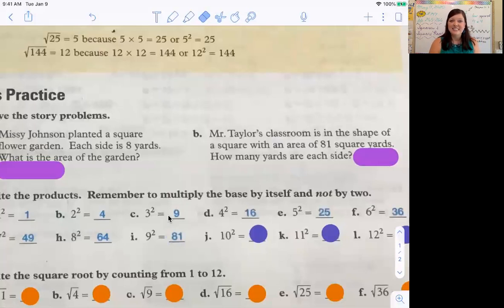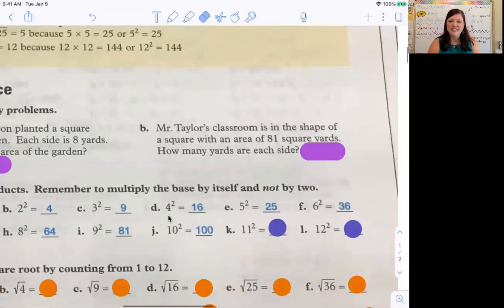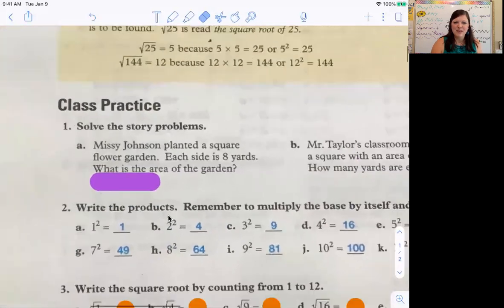That means 10 times 10, 100. What does 11 squared equal? 12 squared, 144.